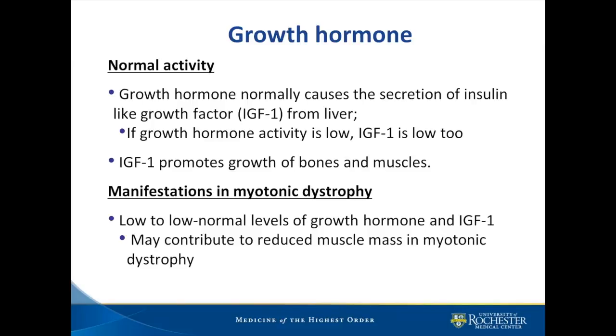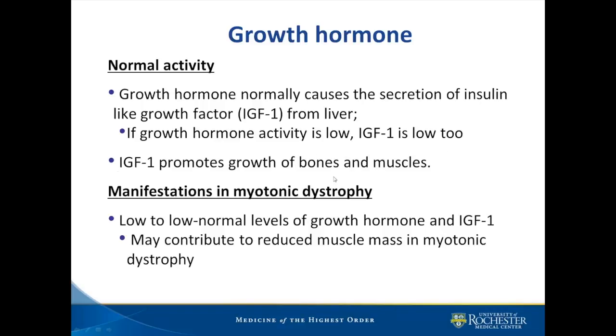And it turns out, however, that the production of IGF-1 by the liver depends on the release of growth hormone. And if growth hormone release is inadequate, then the stimulation of the liver to produce IGF-1 is low. So if growth hormone activity is low, the amount of IGF-1 is low.